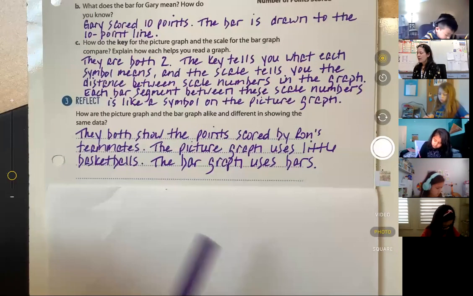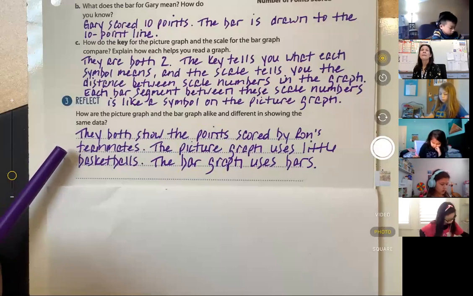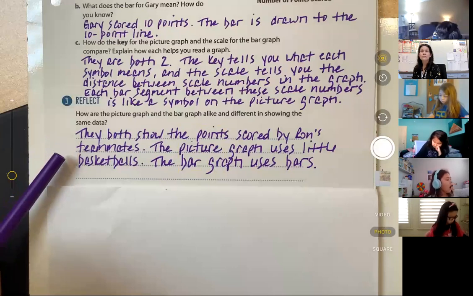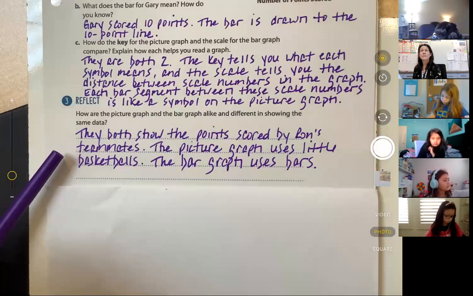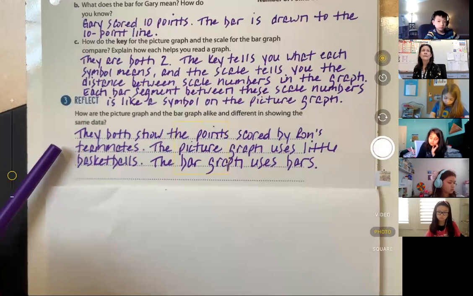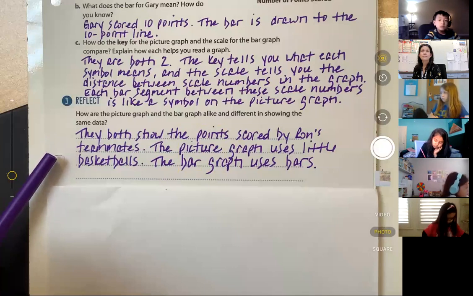So they both show the points scored by Ron's teammates. Both of the graphs do that. The picture graph uses little basketballs. The bar graph uses bars. So they're the same in that they represent points. They are different because one uses pictures, one uses bars. Okay?